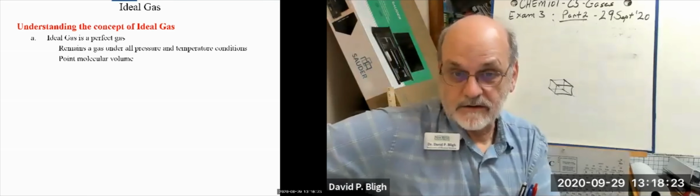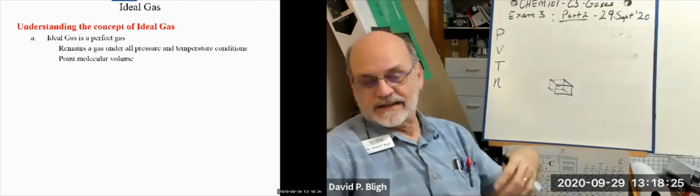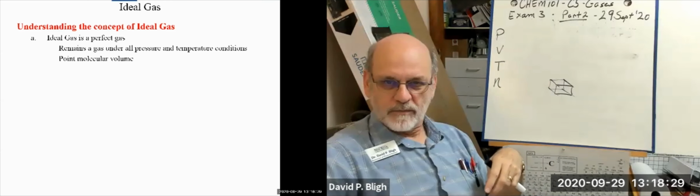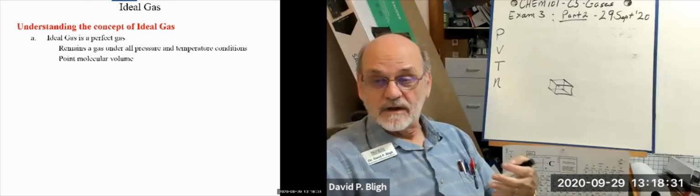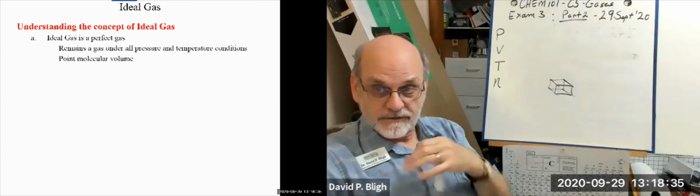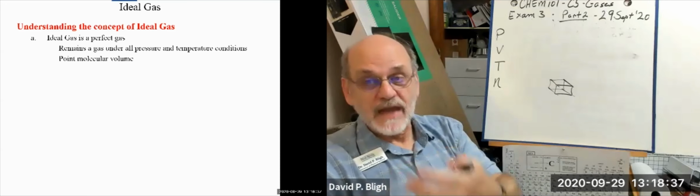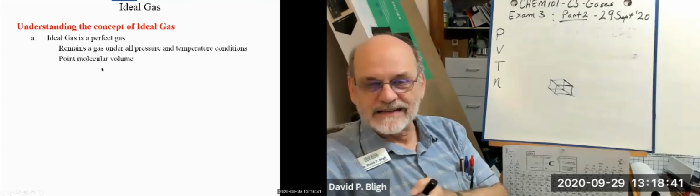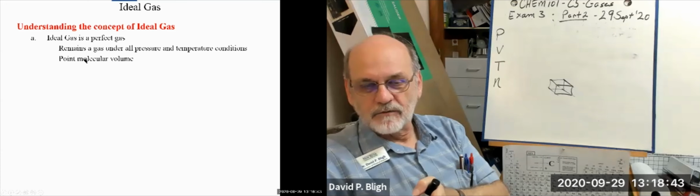That's stretching things, right? Stretching credulity to believe that. But for purposes of calculations, under many physical conditions, gases behave as if they were ideal. Now, how would they behave ideally for point volume?